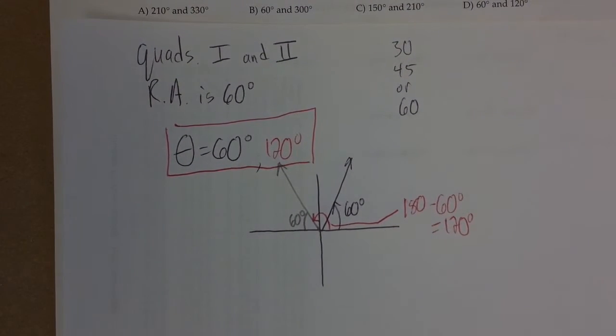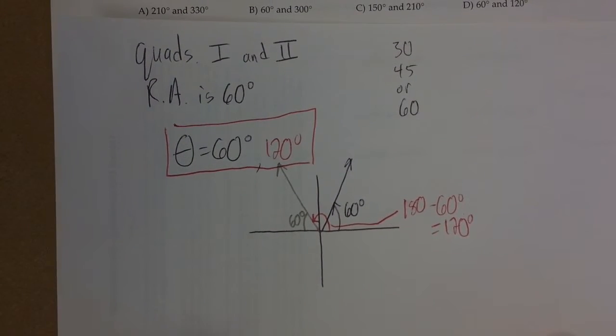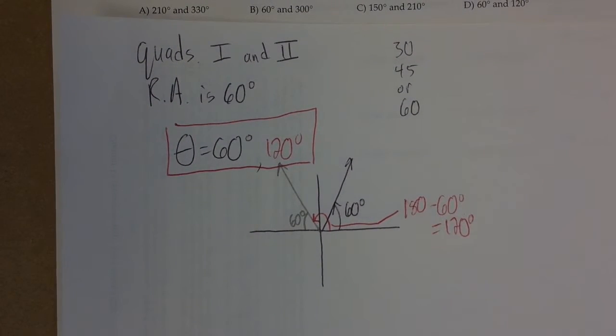Okay. Any questions on 18? So 60 and 120. Yes, Terry. About the quadrants. I understand how you get the first quadrant, but I don't understand how you got the second. You have to look at whether the trig function is positive or negative.